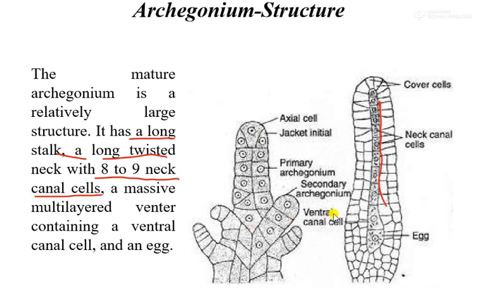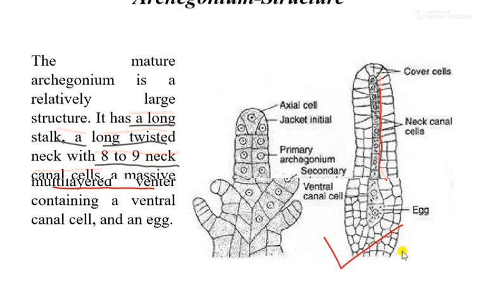It also contains a big, multi-layered venter. You can see there are several layers around the venter, so it is called a multi-layered venter. What does the venter contain? It contains two kinds of cells, the upper ventral canal cell and the lower egg cell. So this was about the structure of archegonium.